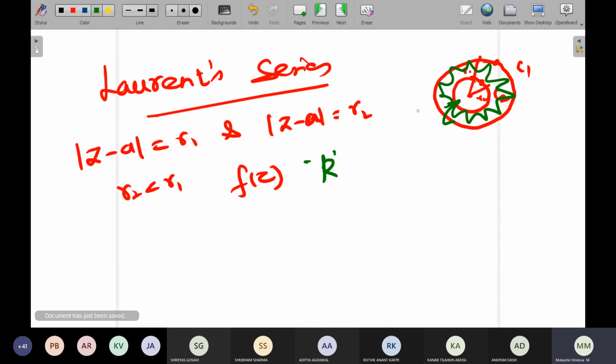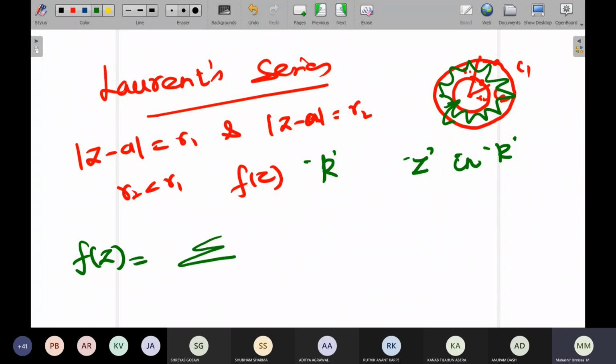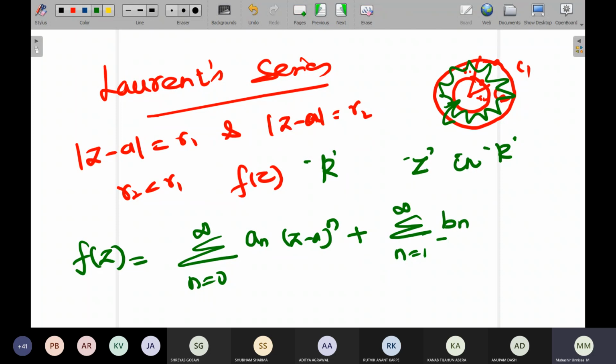Then for any point z in R, your f of z you can represent as summation n equals 0 to infinity a n into z minus a whole power n plus summation n equals 1 to infinity b n divided by z minus a whole power n.